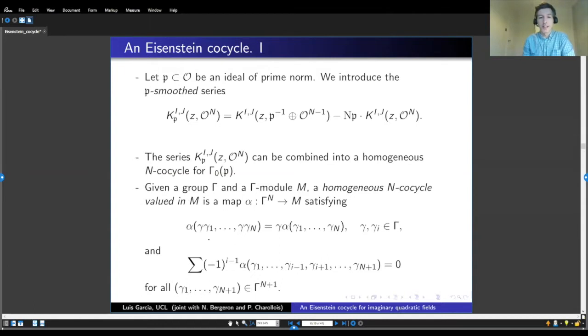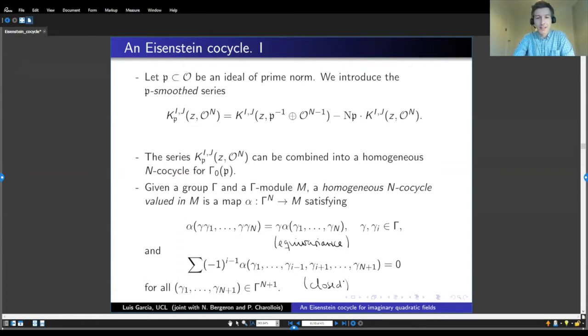So you have an equivariance property here, and you also have this condition that really says that this is a closed cochain in the complex computing group cohomology.